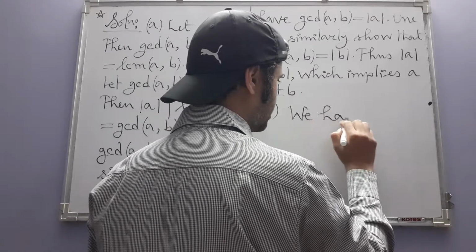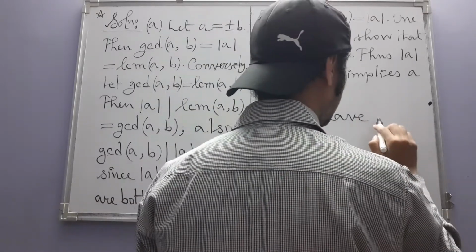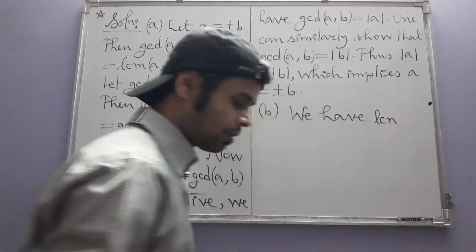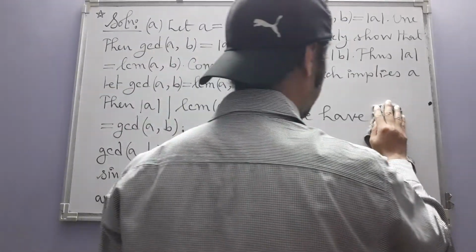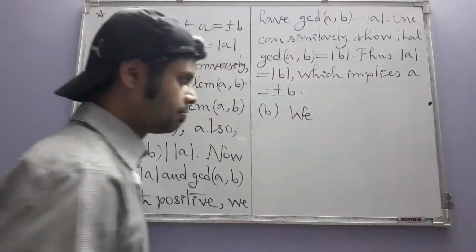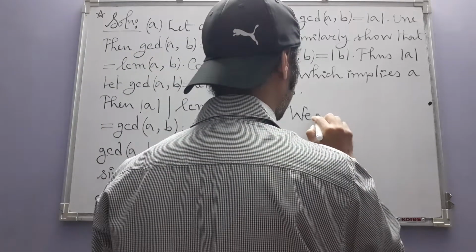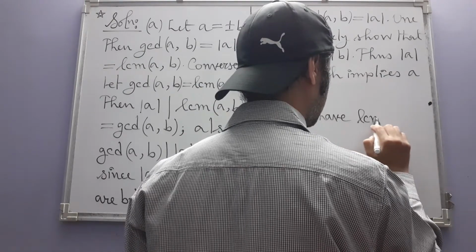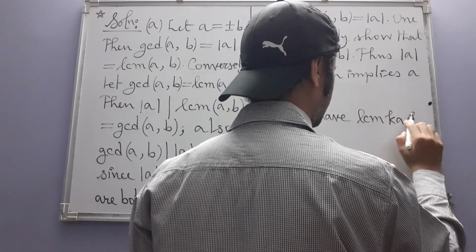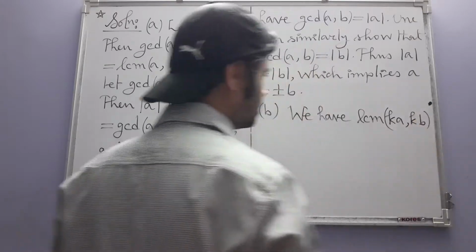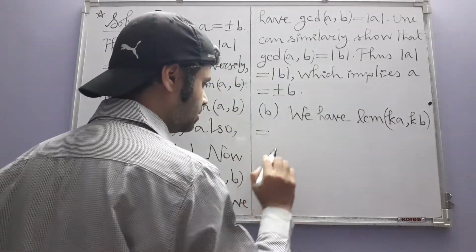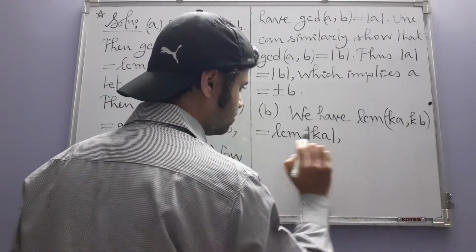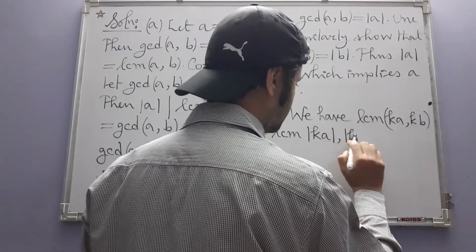I just simply write we have LCM of Ka and Kb. Now in place of Ka and Kb, I am going to write the absolute value of Ka and the absolute value of Kb.